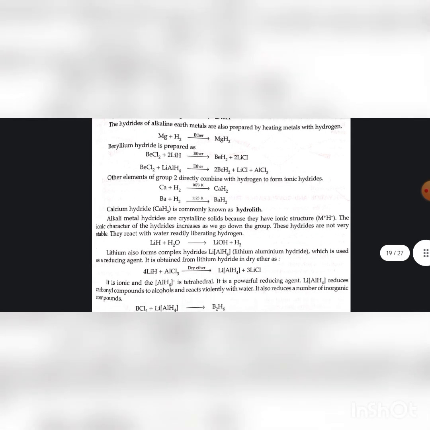The hydrides of alkaline earth metals are also prepared by heating the metal with hydrogen. Mg plus H2 gives MgH2.